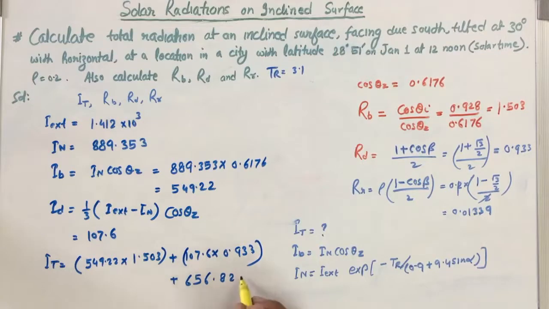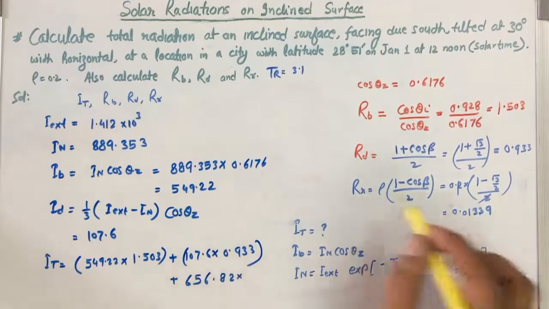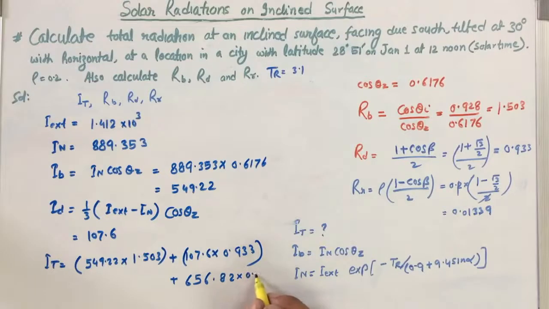So this times the RR calculated here, 0.01339. If you try to solve this, then we will find 934.66. It is in watt per meter square.